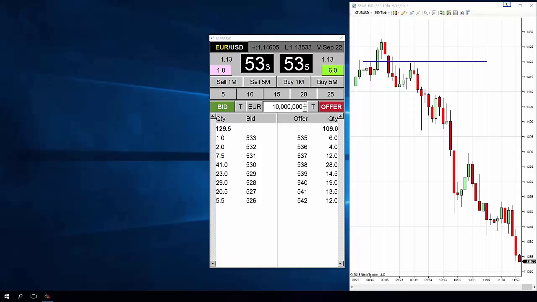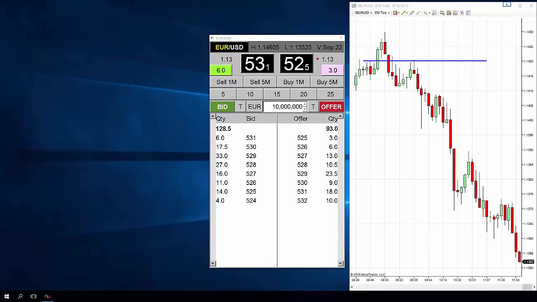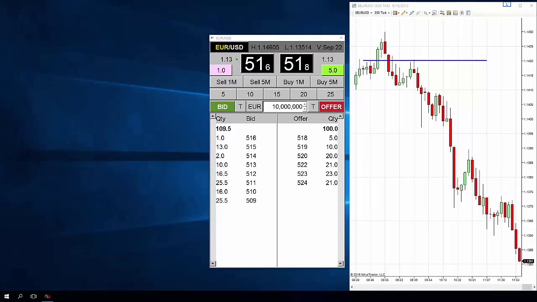You can place a limit so that whenever the price reaches half a pip on either side, it becomes market. So in reality, I can click any of these numbers down here. I get filled at market. That's what it's called.